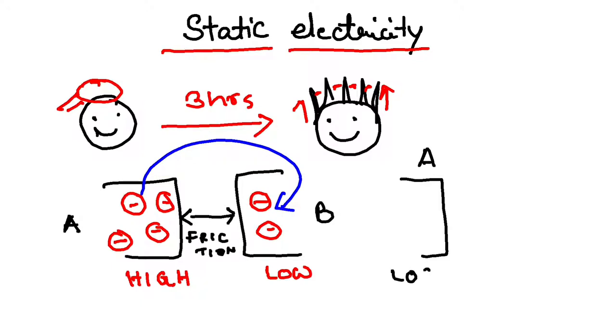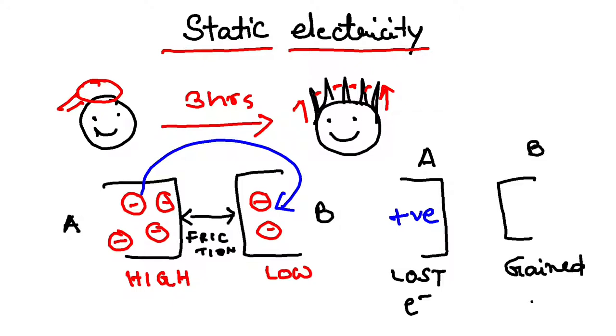So if it has lost electrons, it has become positive. Class 9 chemistry, alright. Now this object B has gained electrons, so it has become negative. So object A is positive and object B is now negative.